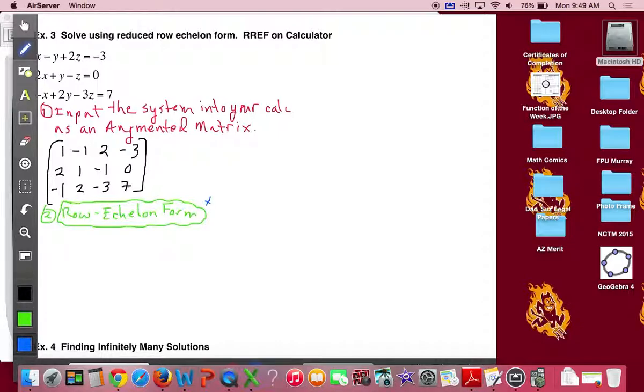So the purpose of row echelon is it gives you the equations prior to reverse substitution.